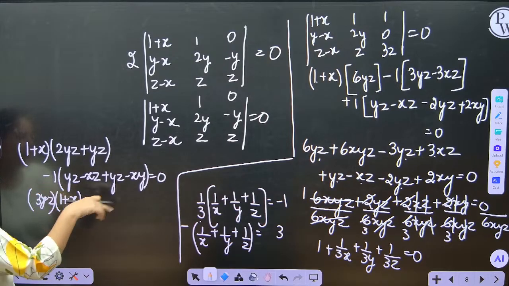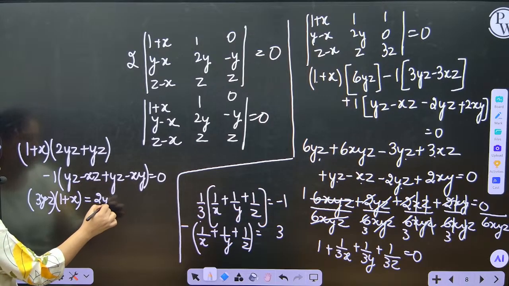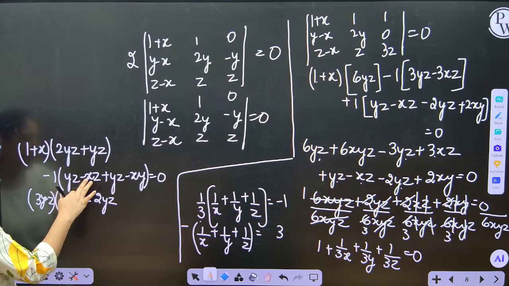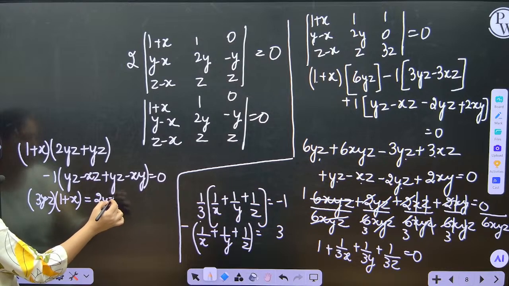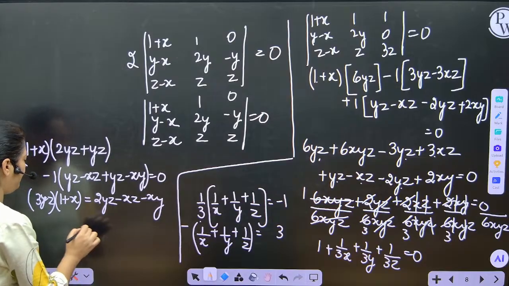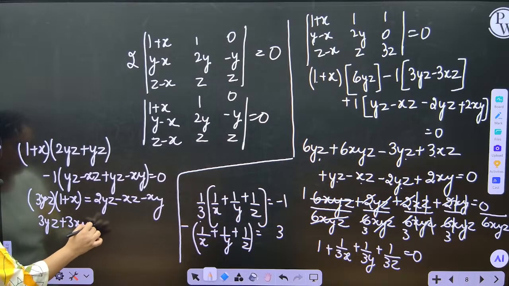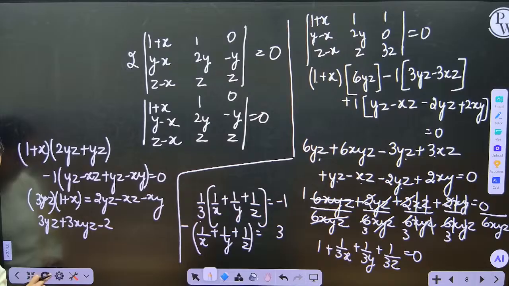This is a minus term; on the right side it will become plus. yz plus yz is 2yz. And this is nothing but minus xz minus xy. This will become 3yz plus 3xyz. Or we can take it on the left side also, no issues, so keep it on the left side only.